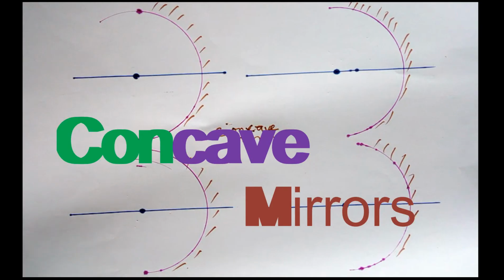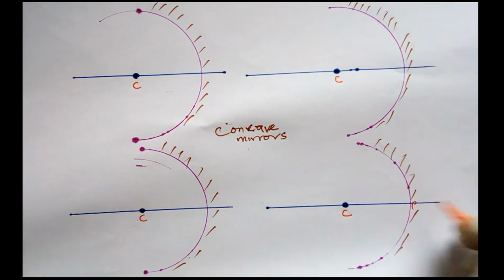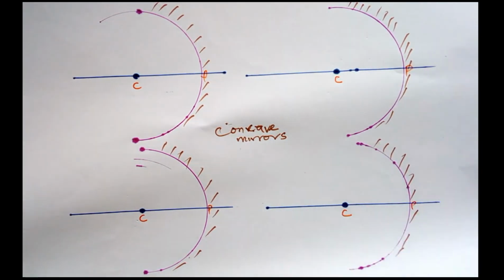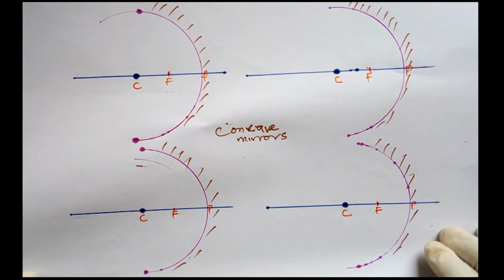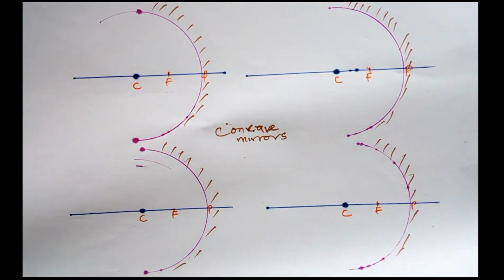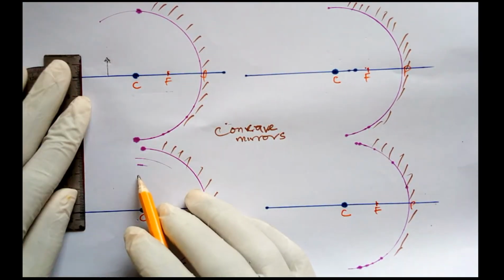So let's start. We have the center of curvature. This is the pole. Halfway through is the principal focus. Just as we had in the convex mirror, the same rules guide here. Let's say we have an object of height 1 centimeter.